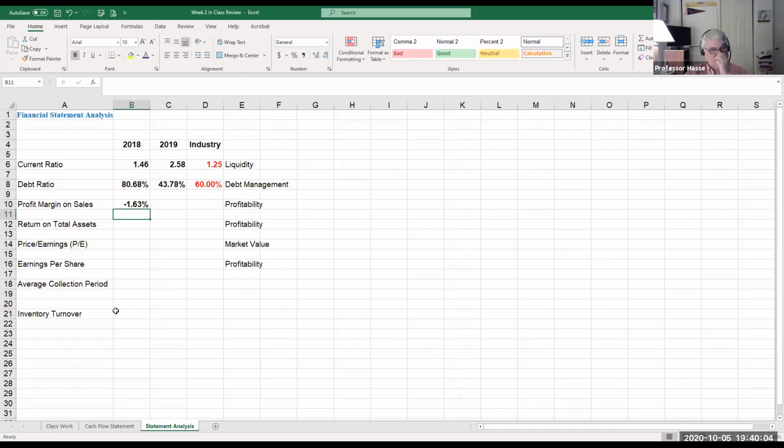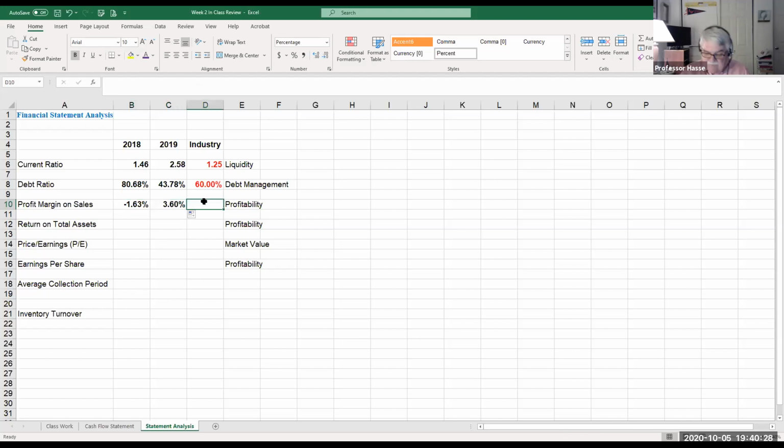Negative 1.63% because we lost money. The profit margin for 2019, we just slide it over: 3.6%. In other words, at least they're making money. For every dollar of sales, they're making 3.6 cents.